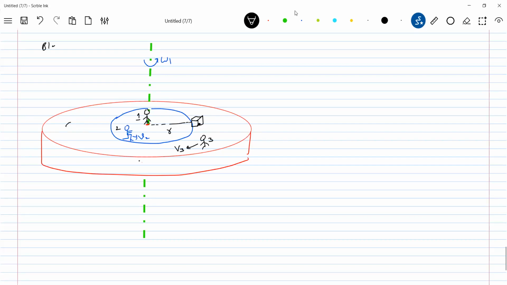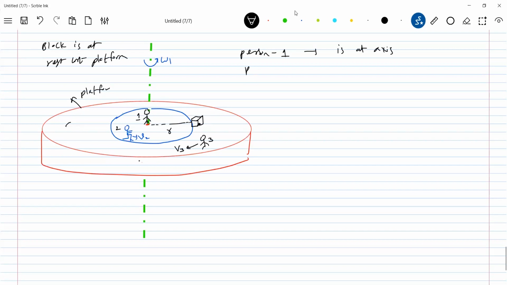Block is at rest with respect to platform. What about person 1? Person 1 is at the axis and will rotate along with the disk with angular velocity omega 1.